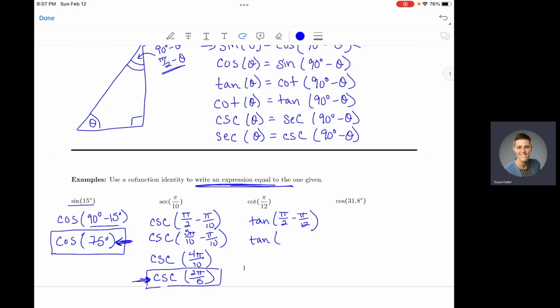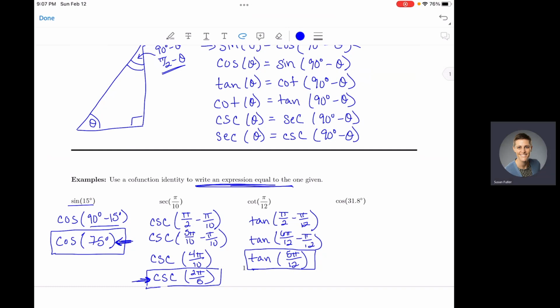My common denominator is 12. So I'm going to multiply pi over 2 by 6 over 6. That's 6 pi over 12 minus pi over 12. So this becomes the tangent of 5 pi over 12. And that's as simple as she goes. So that is the expression that we're looking for. The cotangent of pi over 12 is equal to the tangent of 5 pi over 12.